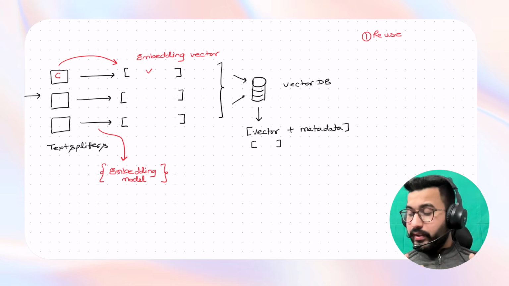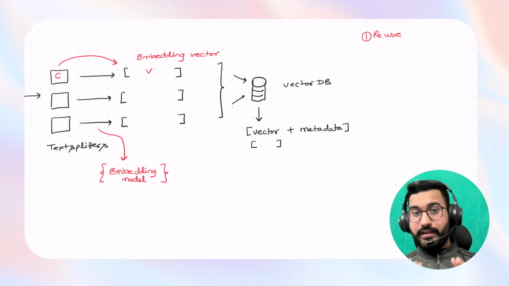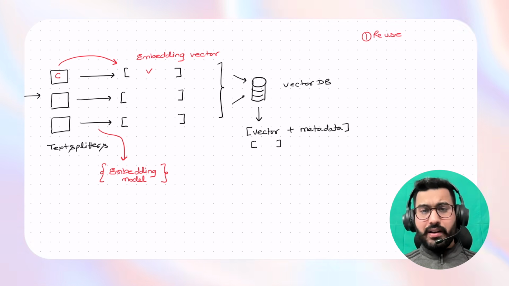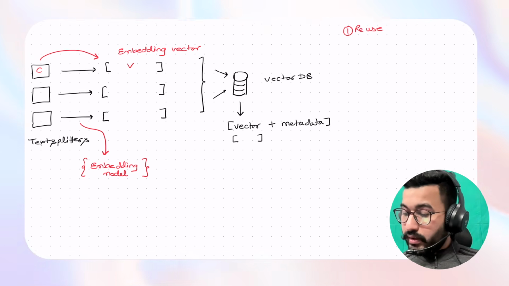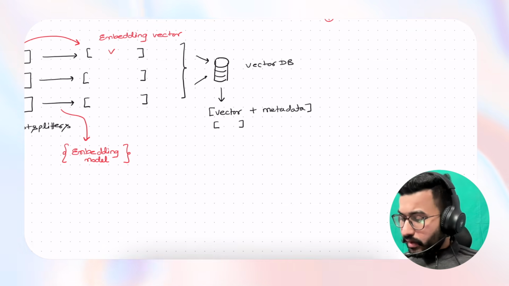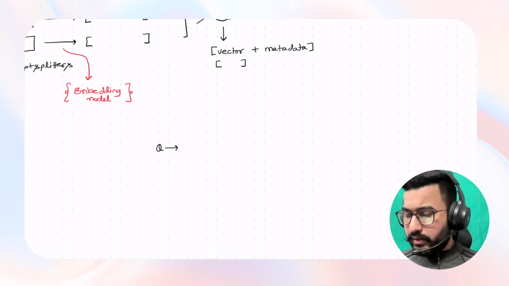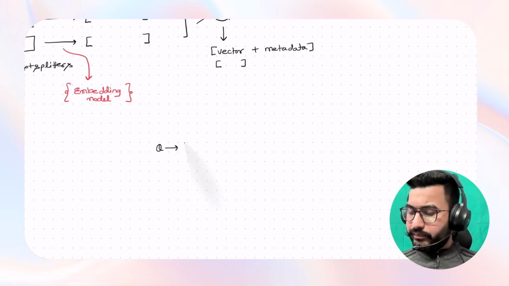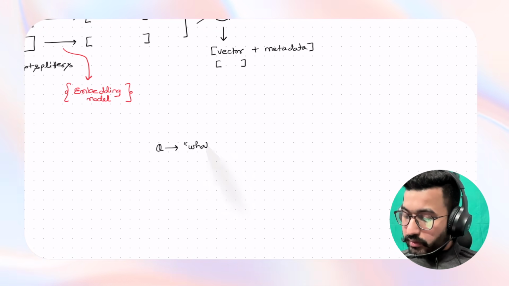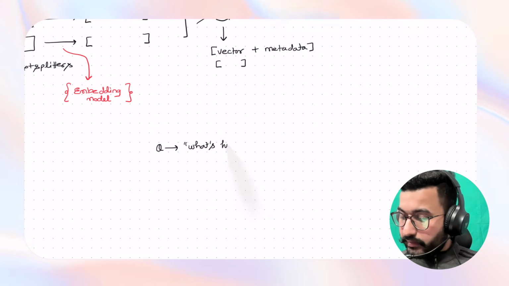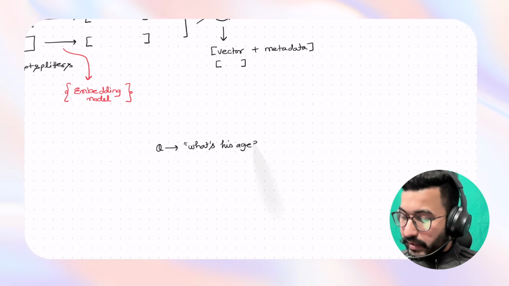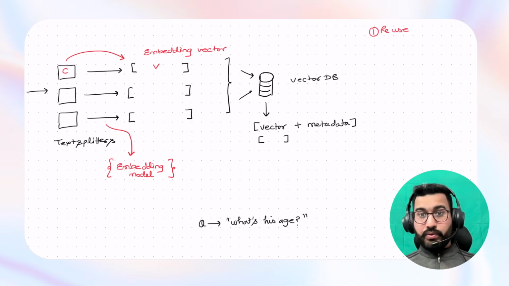Now, the next reason why we need this vector database is for our RAG application and similarity search. So, for example, if a user sends me a query with some question, let's say, what's his age? Now I have written a very open-ended question.